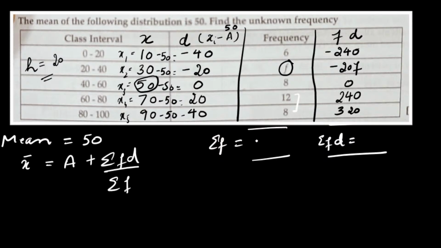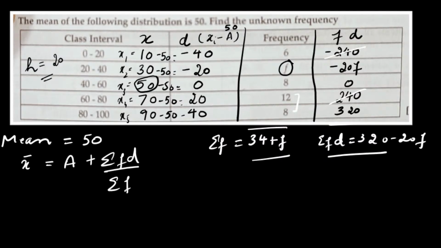Sum of f is 34, so we can write it as 34 plus f. So what is the sum of FD? Minus 240 and plus 240 will get cancelled. So its sum we will get 320 minus 20f.